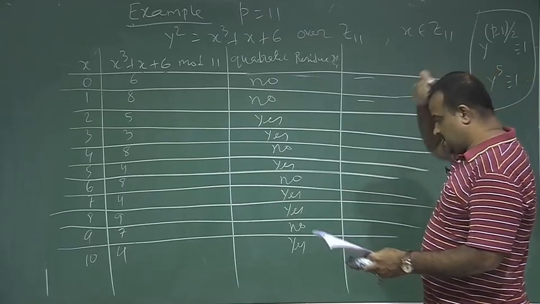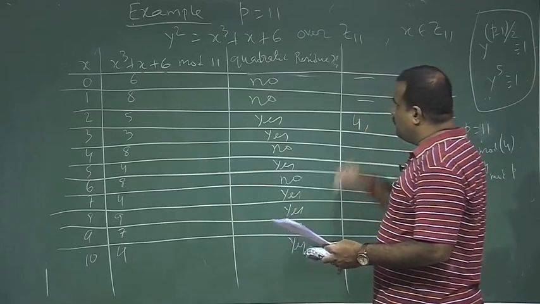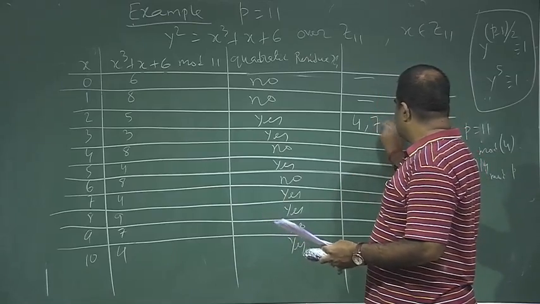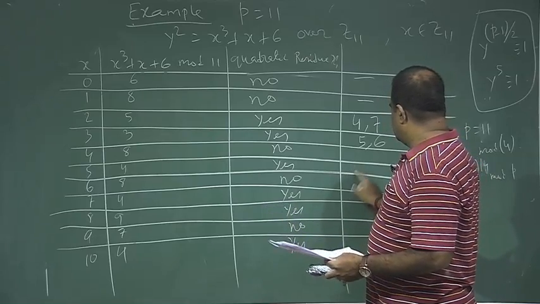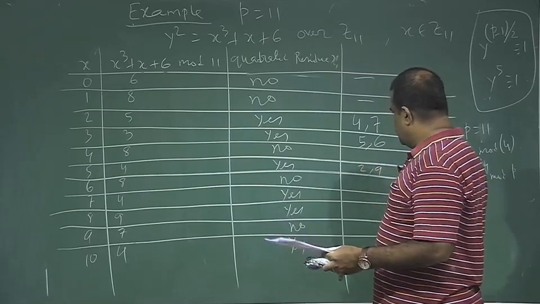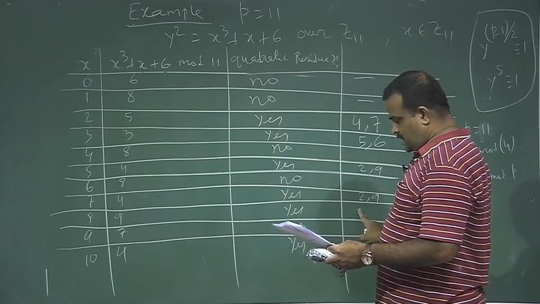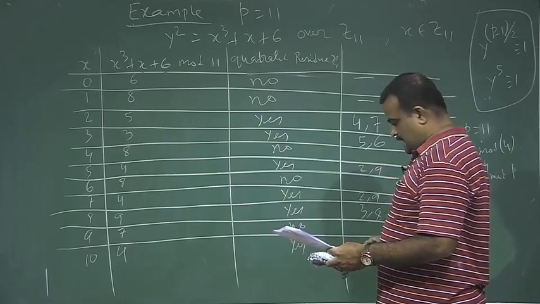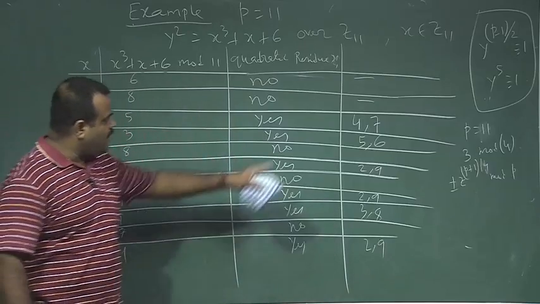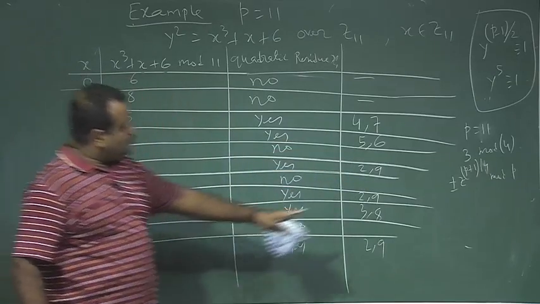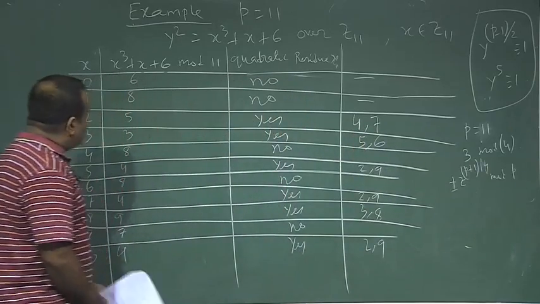If we do so, we get these values: 4 and minus 4, which is basically 7, then 5 and minus 5, which is 6. So, this is 2 comma 9, and this will be again 2 comma 9, and this will be 3 comma 8, and this will be 2 comma 9. So, this is the square root corresponding to this, plus or minus z. So, minus 4 is basically 7, minus 5 is 6, like this.